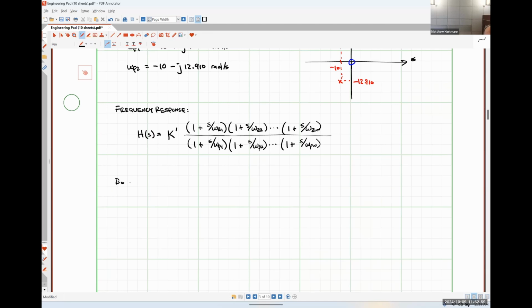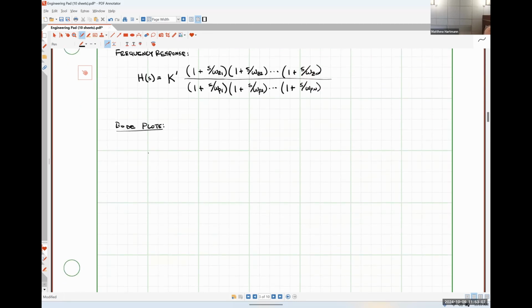Let's introduce this really quickly here. So Bode, B-O-D-E, plots. I'm just drawing a simple representation of a graph here. On the y-axis, we have 20 times the log of the magnitude of H of s.